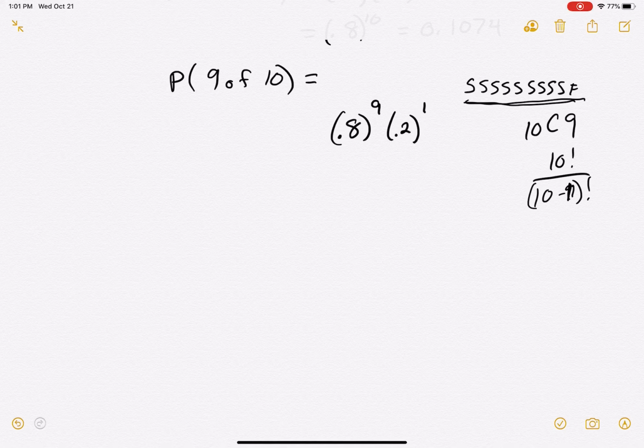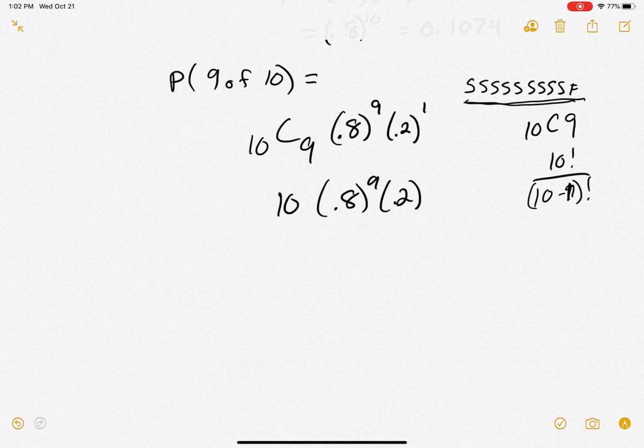So we're just going to do 10 choose 9, which is 10, times 0.8 to the 9th, times 0.2 to the 1st.